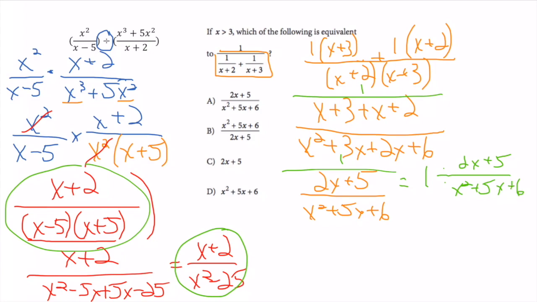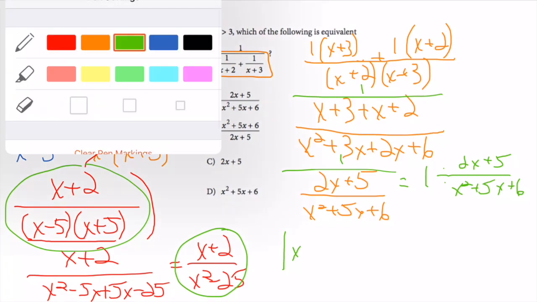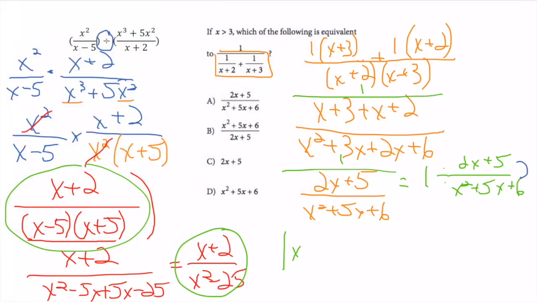So knowing that, now it'll be 1 times I flip this fraction over. So again, whenever I'm dividing rational expressions, I want to flip and multiply.